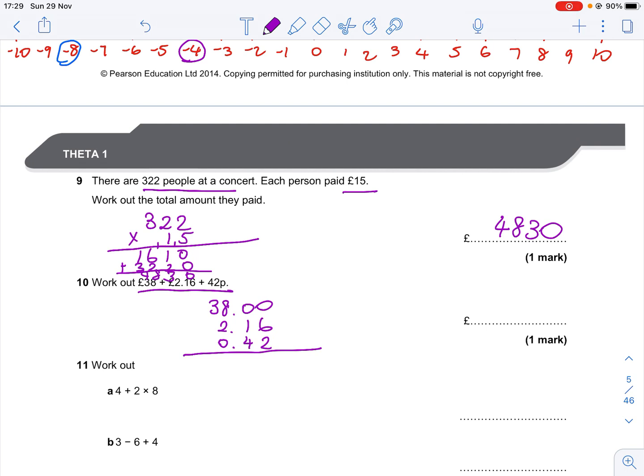When we add decimals, the decimals need to be in order. So 2 plus 6 is 8, 1 plus 4 is 5, then it's our decimal point. 8 plus 2 is 10, carry the 1 forward, so 3 add 1 is 4. So the answer is £40.58.